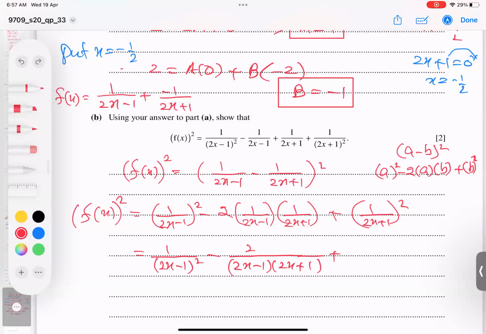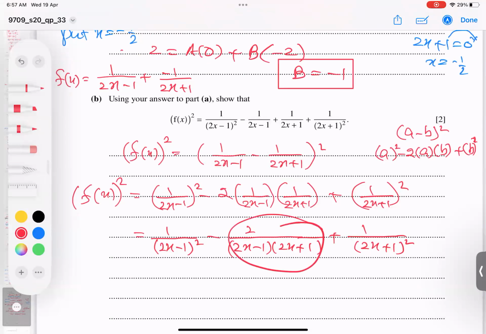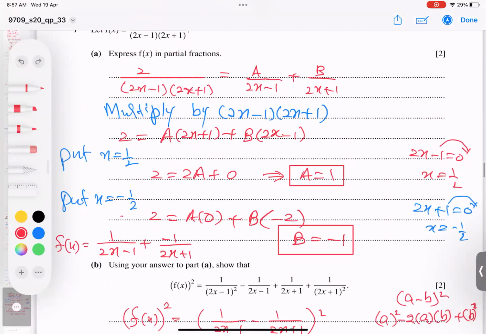The square of 1 is 1. The square of 2 is this. I hope this is clear. Now, if we check it, does this match with this? Yes, it matches. It means this is equal to this, or I can say this equals this.